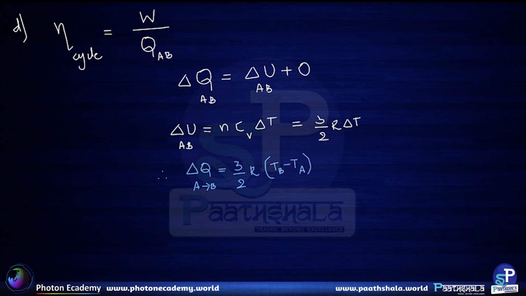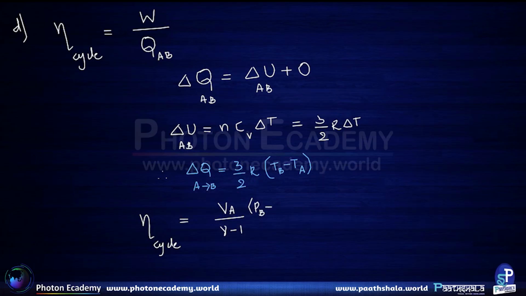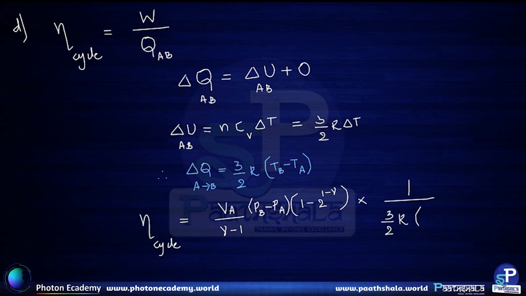So the efficiency of the cycle will be equal to Va by gamma minus 1 into Pb minus Pa into 1 minus 2 power 1 minus gamma into 1 by 3 by 2 R into TB minus TA.